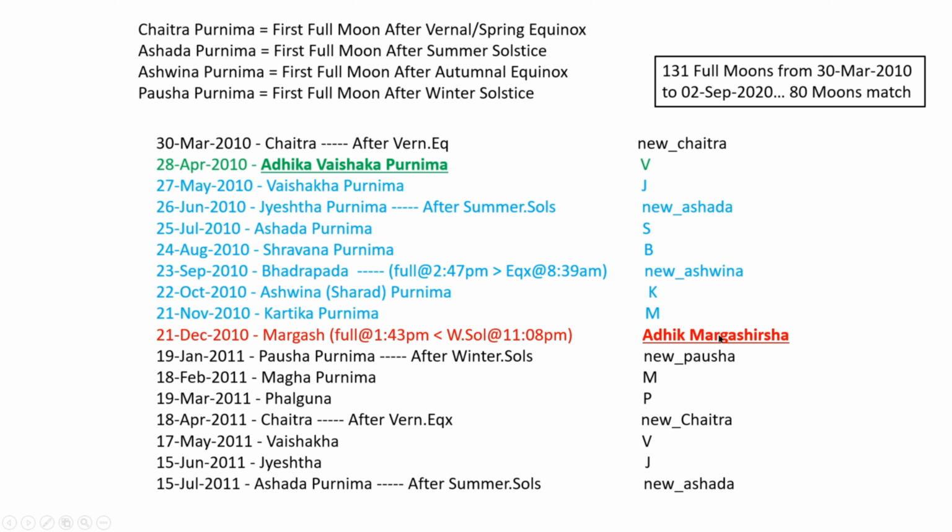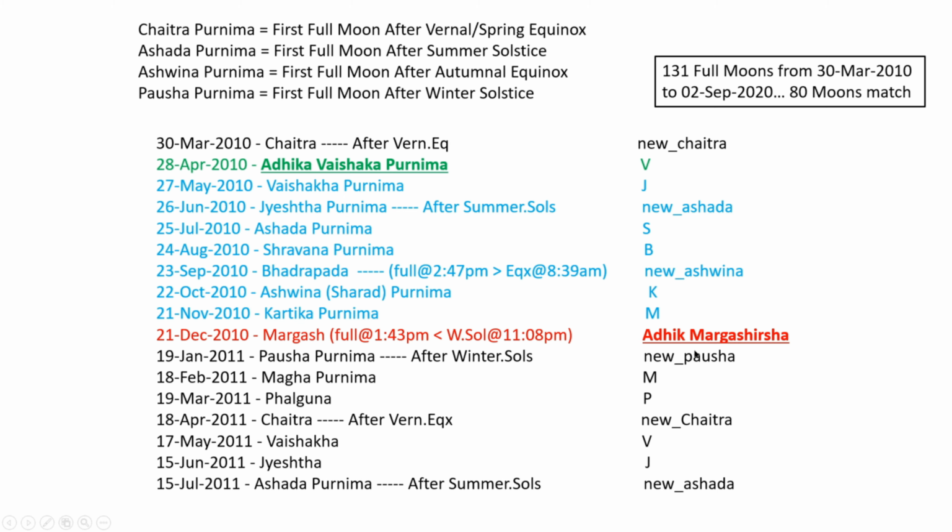Well, the lunar years will still have the 354-day years and the 383 or 384-day years, but the distribution will be quite different in the longer term. So this was the Adhika Masa. Because we get these three full moons between the equinox and the solstice point, we will consider this as Adhika.